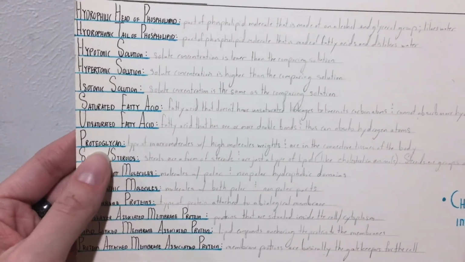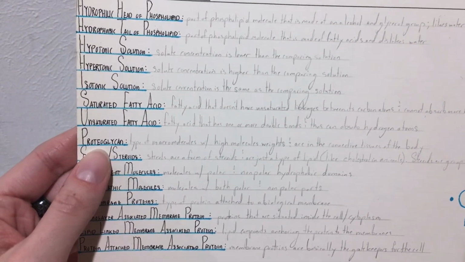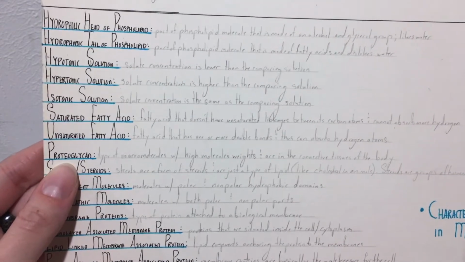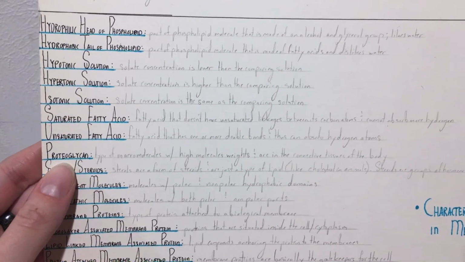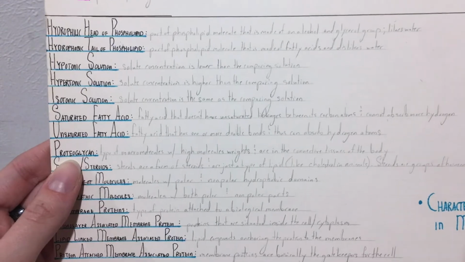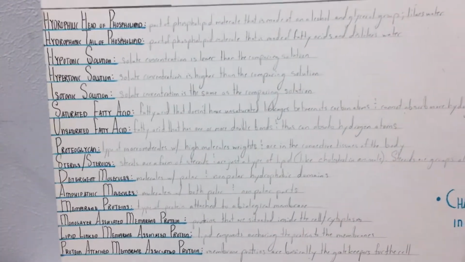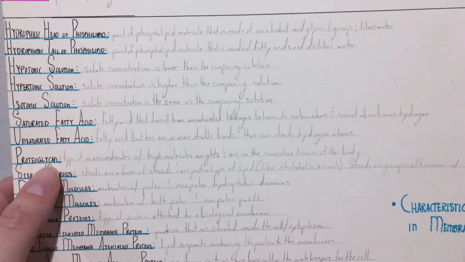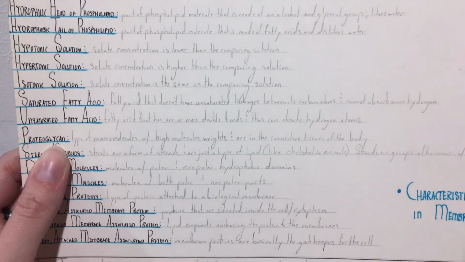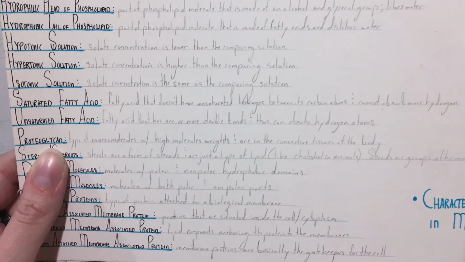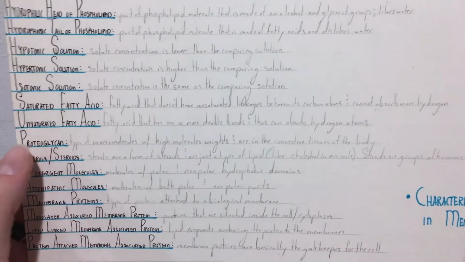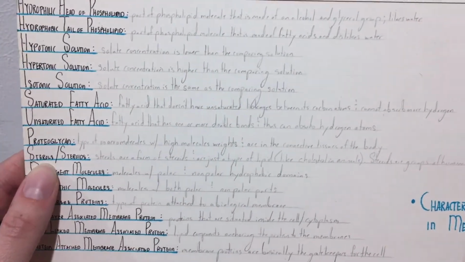Then we have a proteoglycan, which is a type of macromolecule with high molecular weight, and they are in the connective tissues of the body. Then we have sterols.